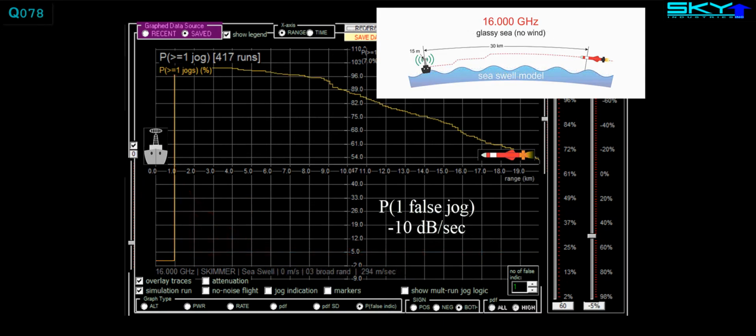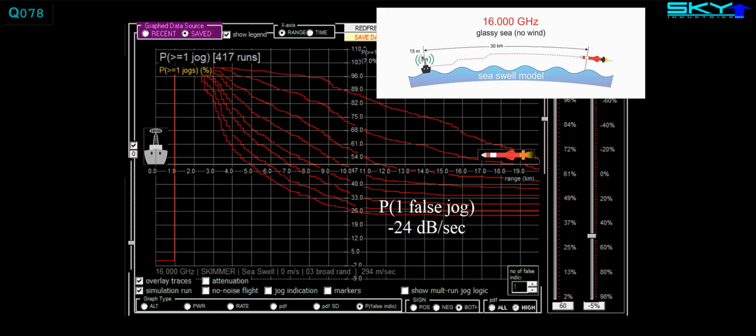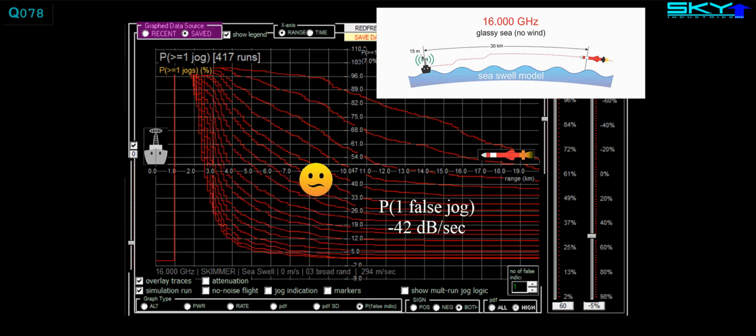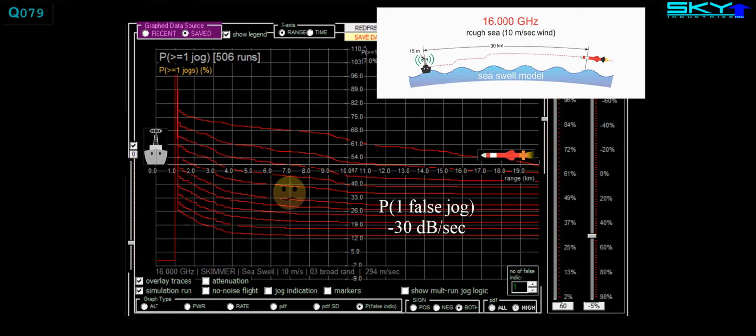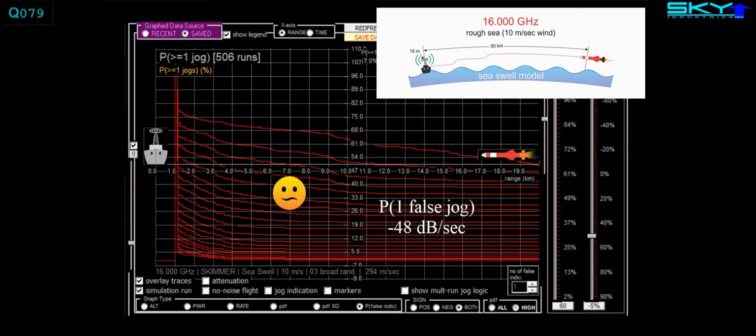Let's switch back to the glassy sea and look at the sea swell model. And here's what happens if the sea swell surface is rough.